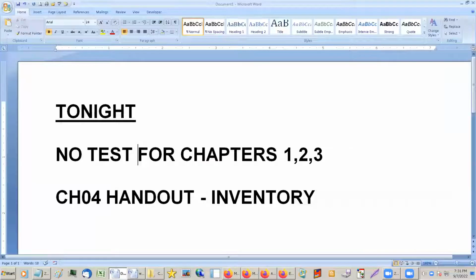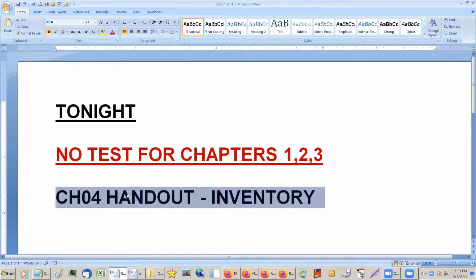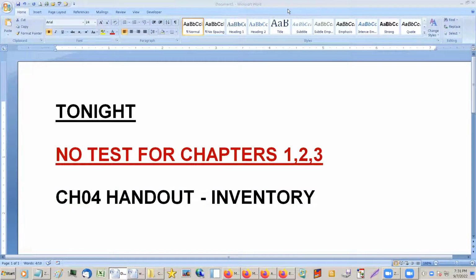And again, very important, no test for chapters 1, 2, and 3. The handout, you still turn that in if you haven't already. Chapter 4 and 5, we're going to put those together. That's probably going to be a pretty significant test. I may even split up chapter 4 and 5 into 2 separate tests.